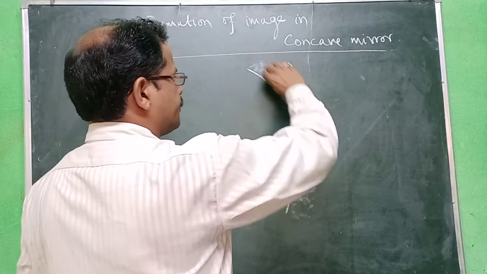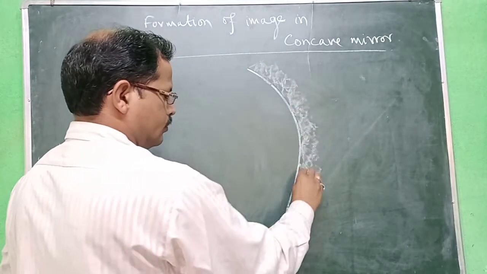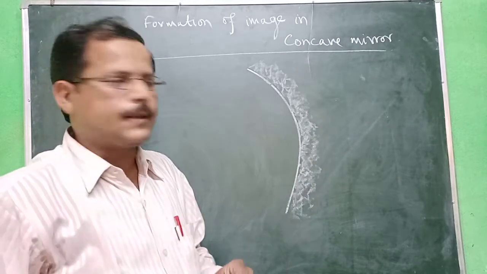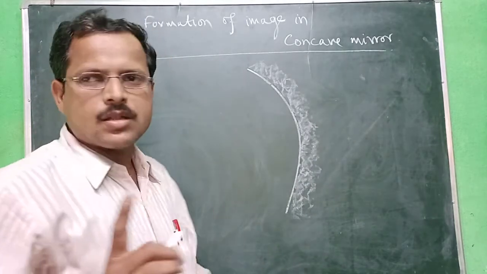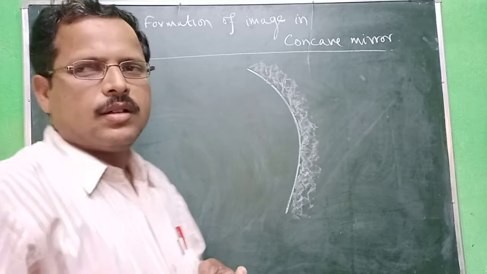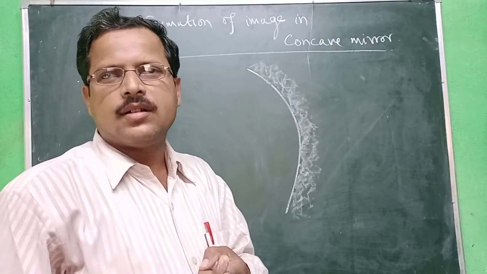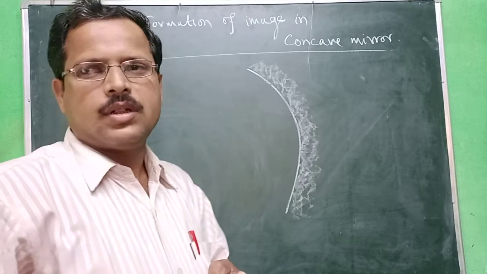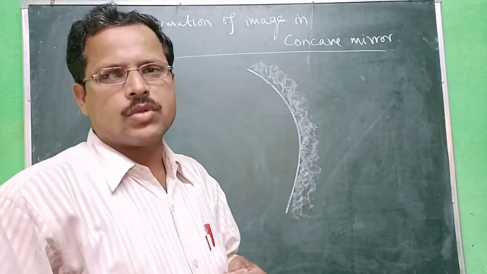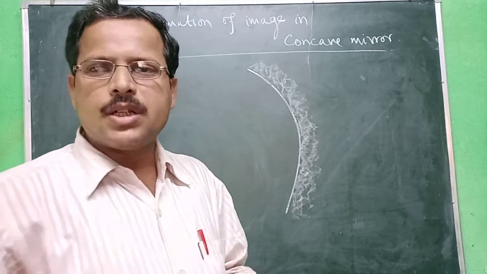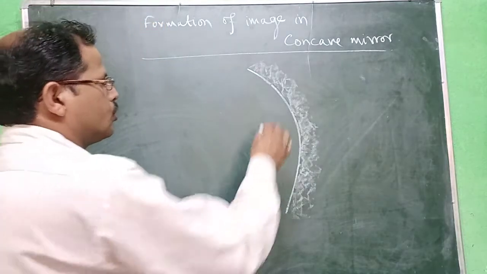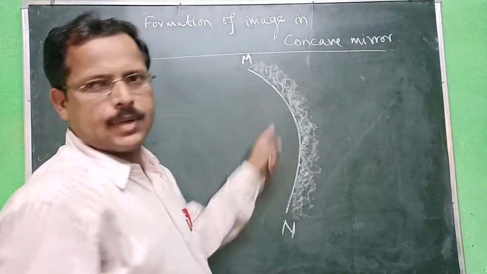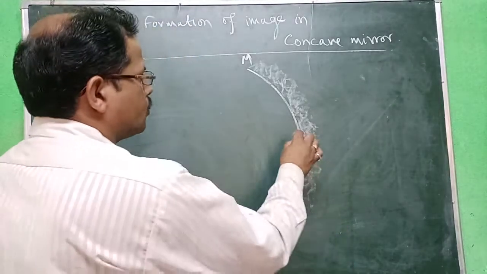And the principal axis: what is the principal axis? The line joining the pole and the center of curvature. If we extend the line on both sides, that becomes the principal axis. Suppose this is the aperture line M, and suppose this is the pole.